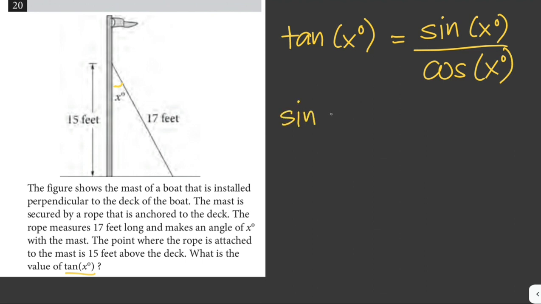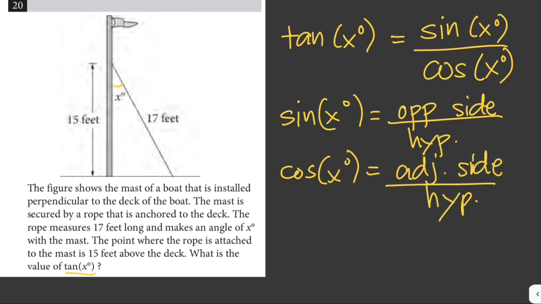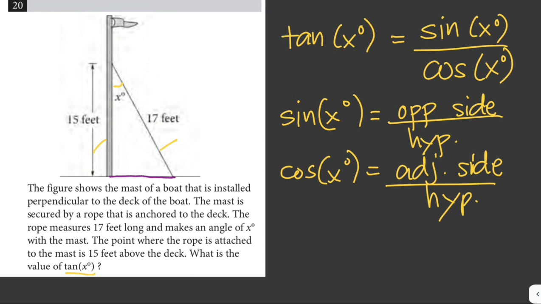And we know that sine is just the opposite side over the hypotenuse, and cosine is the adjacent side over the hypotenuse. So we're only given here the hypotenuse and the adjacent side of angle x degrees. So we need to solve for this side here. We can use the Pythagorean theorem for that.